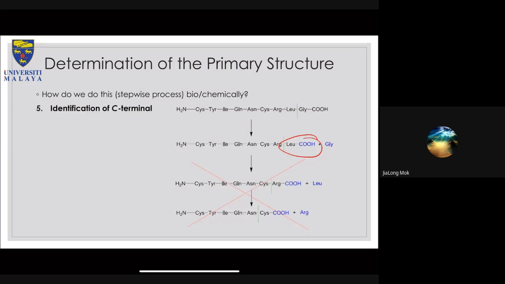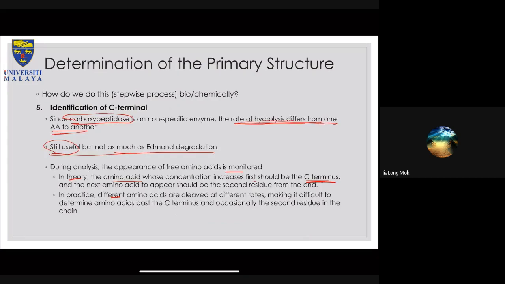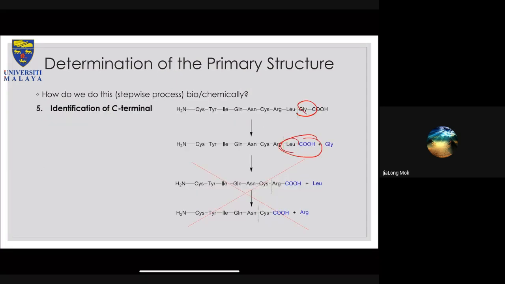However, different amino acids are cleaved at a different rate. Therefore, it's rather difficult to say that the first one is glycine, second one is leucine, third one is arginine, fourth one is cysteine, and so on and so forth. Because the rates are different, it's not like Edman degradation, whereby the rate of hydrolysis at the N terminal is more or less similar for every single amino acid.